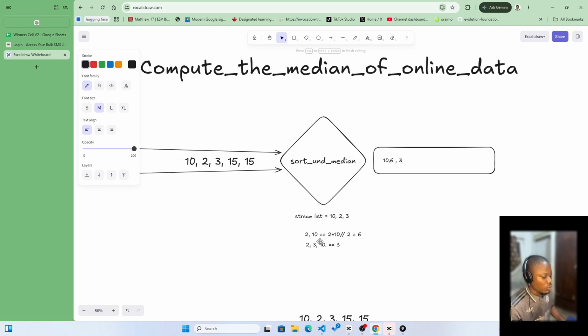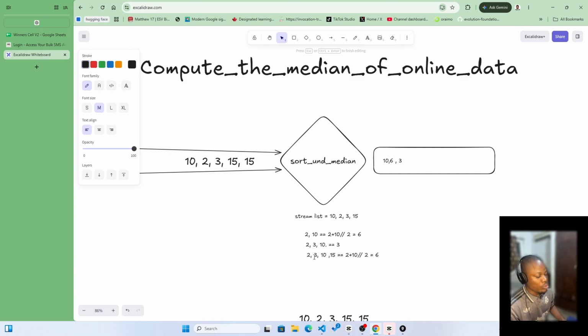15 comes into the fold, the same thing. We first come here to the stream list and update 15. That's our helper, right? After the sort, we have 2, 3, 10 and 15.